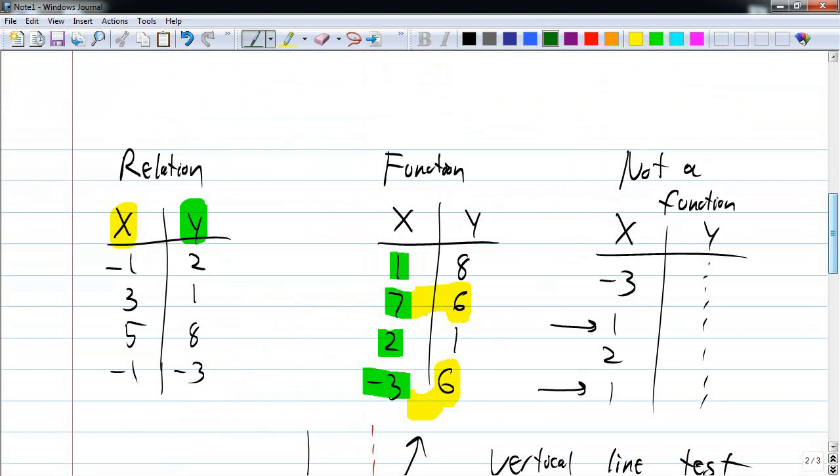domain and the range of a function. The domain of a function is the list of all of the x values in that function. Okay? That's not a function. This is a function. Okay? So if I just list all of the x's, that's my domain.